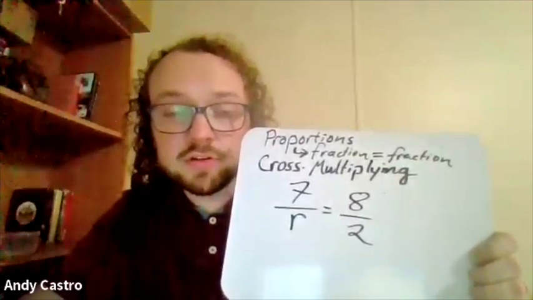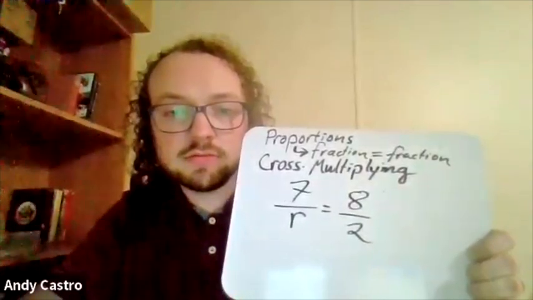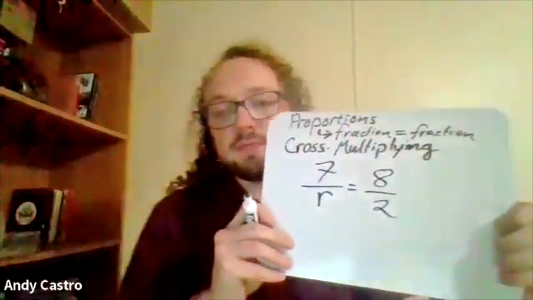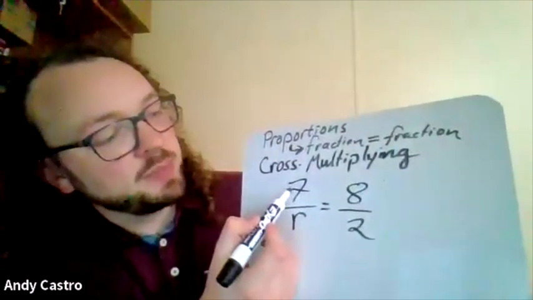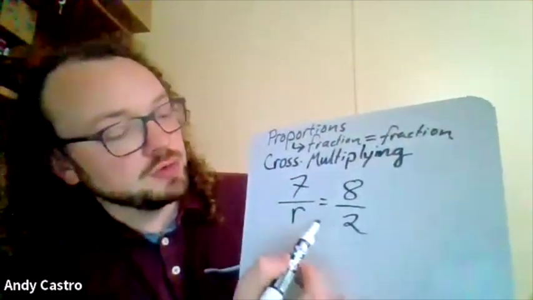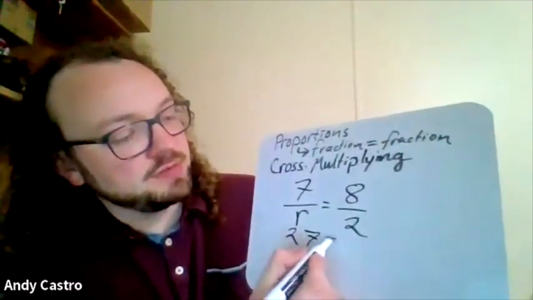Let me see, George, that is correct. So let's work this one out. See if you've got your steps right. So for cross multiplication, take the top left, multiply it by the bottom right. I've got 7 and 2. So I'm going to write 2 times 7.